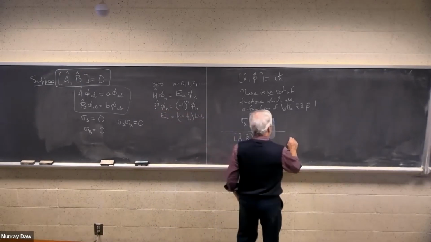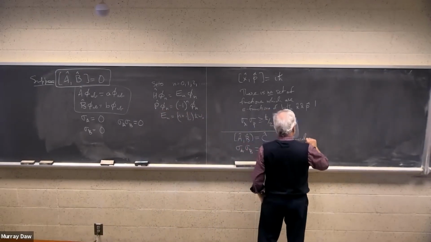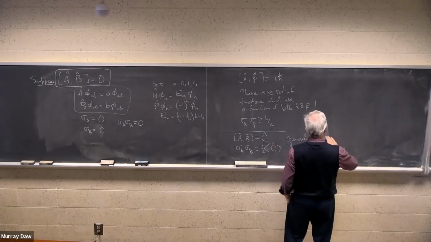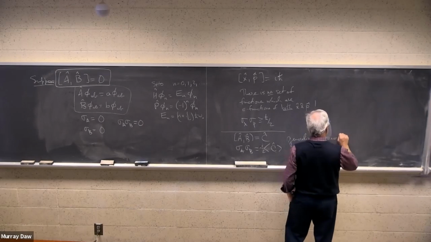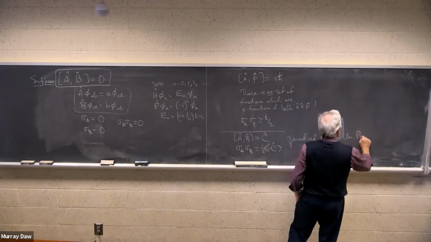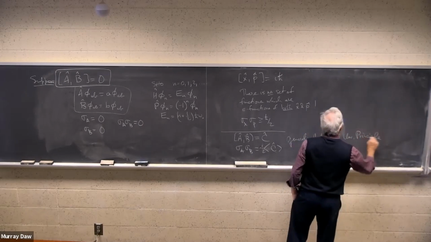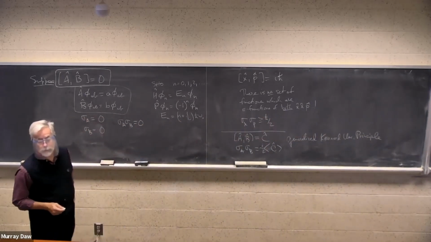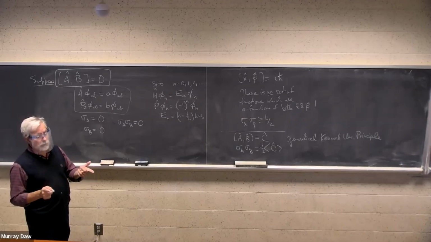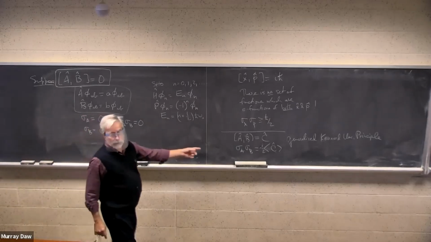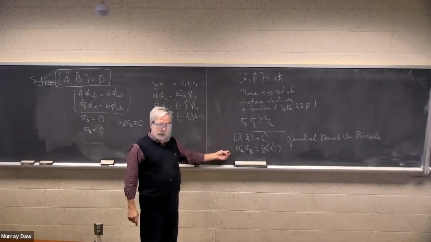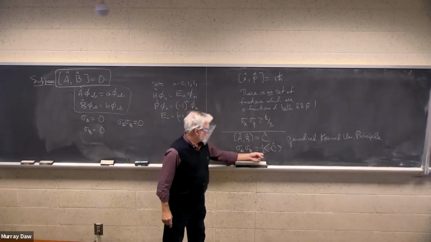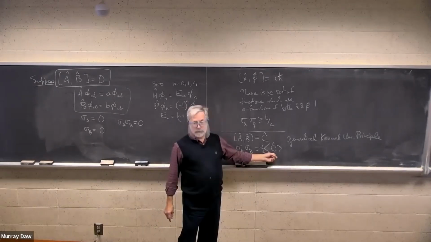So this is the generalized uncertainty principle. We proved it for the case of X and P, but there's a general expression for any two operators that don't commute. We have the same kind of result happening, but the combined uncertainty is a lower bound, depending on what this comes out to be.